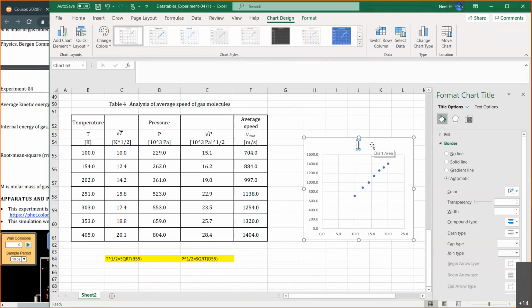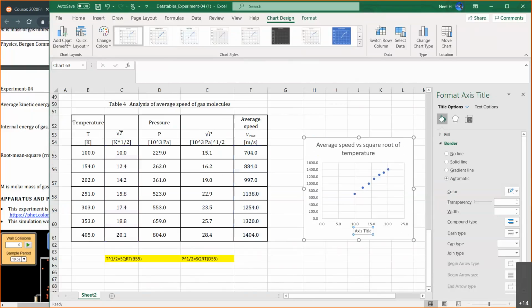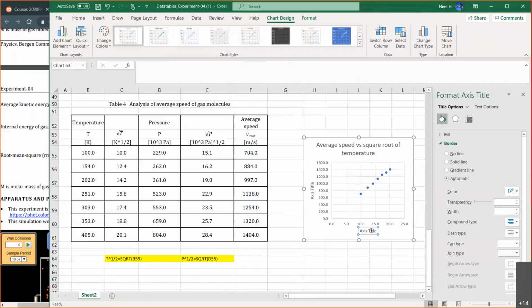This is VRMS. You can say average molecular speed versus square root of temperature. Okay, and I need axis titles, horizontal and vertical, and then let's do that.